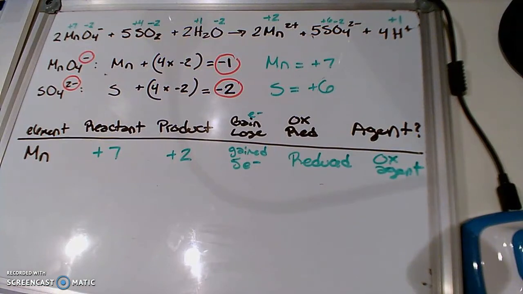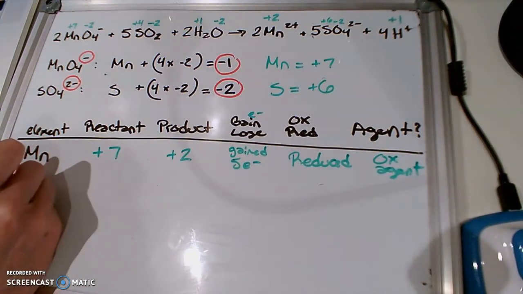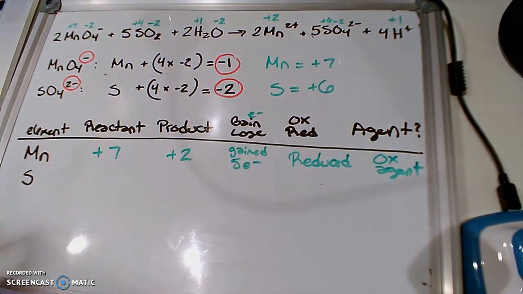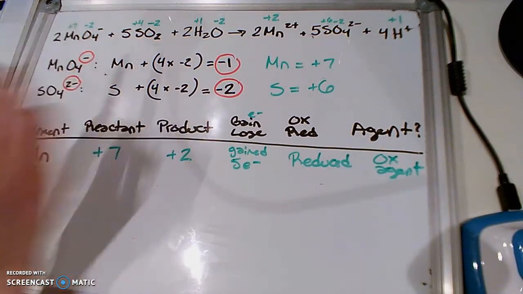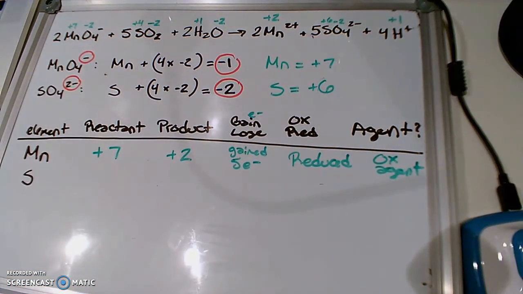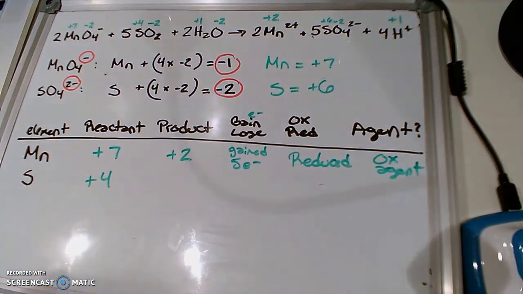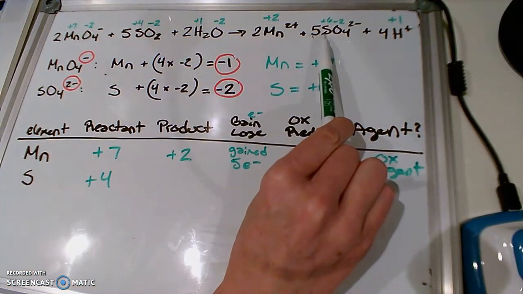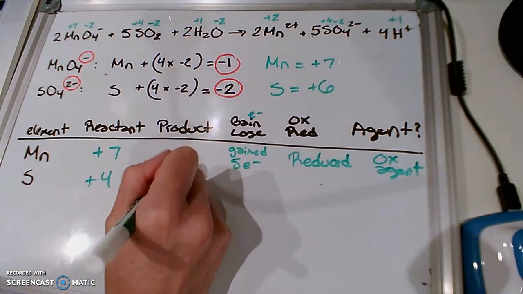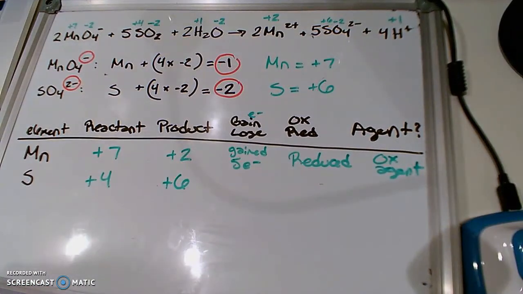All right, now let's look at sulfur. Sulfur as a reactant had an oxidation number of +4. Sulfur as a product has an oxidation number of +6.